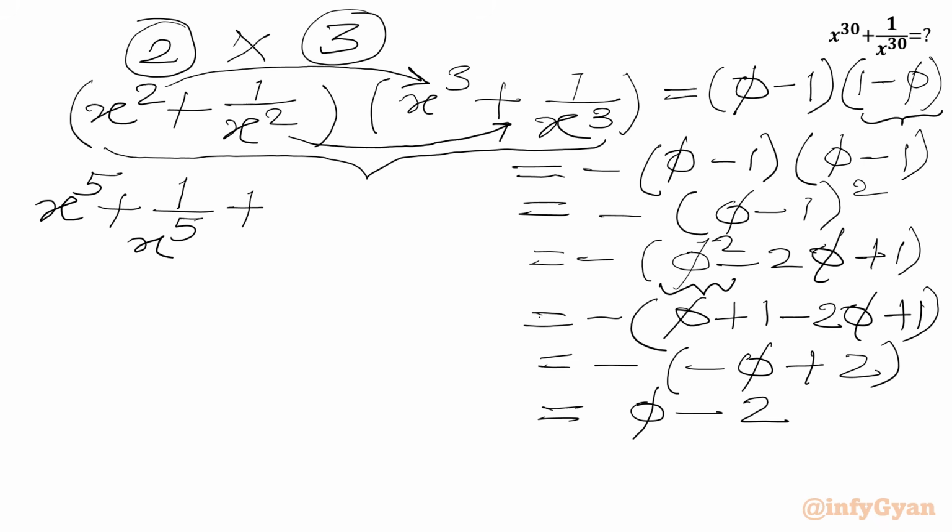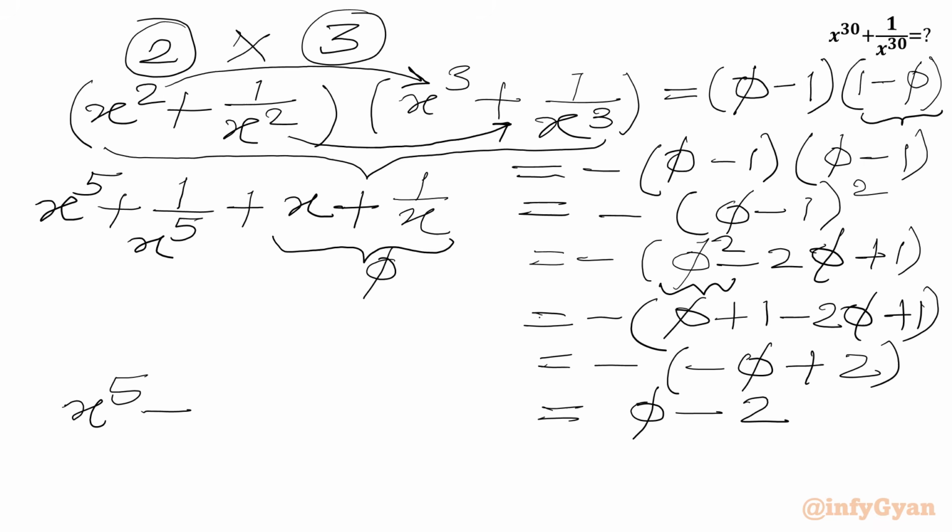Now we'll write here 1/x² times x³ will be x. x² times 1/x³ will be 1/x. So x + 1/x, this is √5. So I can write here x⁵ + 1/x⁵ + √5 equal to √5 − 2.